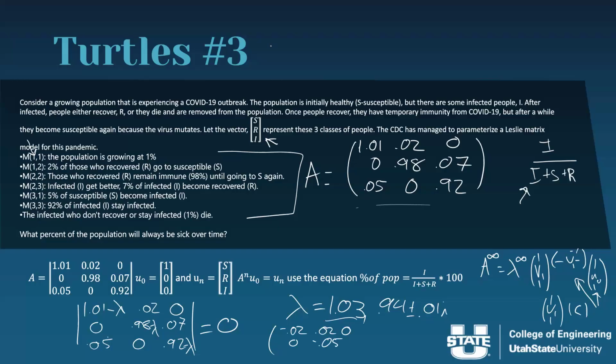That sounds more correct. 0.07, 0.05, 0, 0.92 minus 1.03. Who's got it? 0.09? I'm getting different answers. This is concerning. 0.92 minus 1.03? Negative 0.11. Okay, I'm trusting you. I think that's what I have written down.